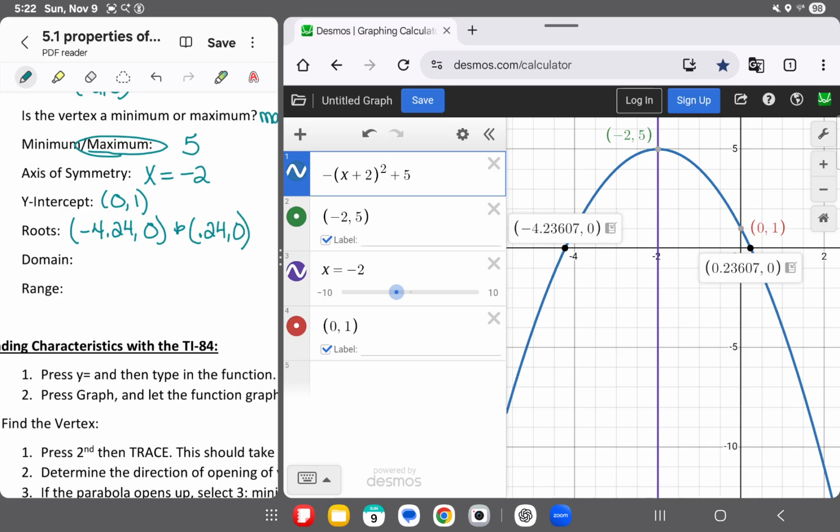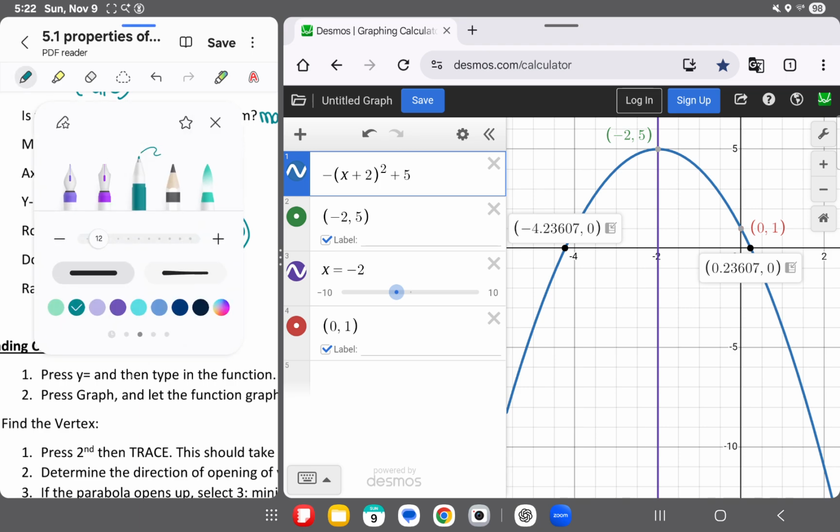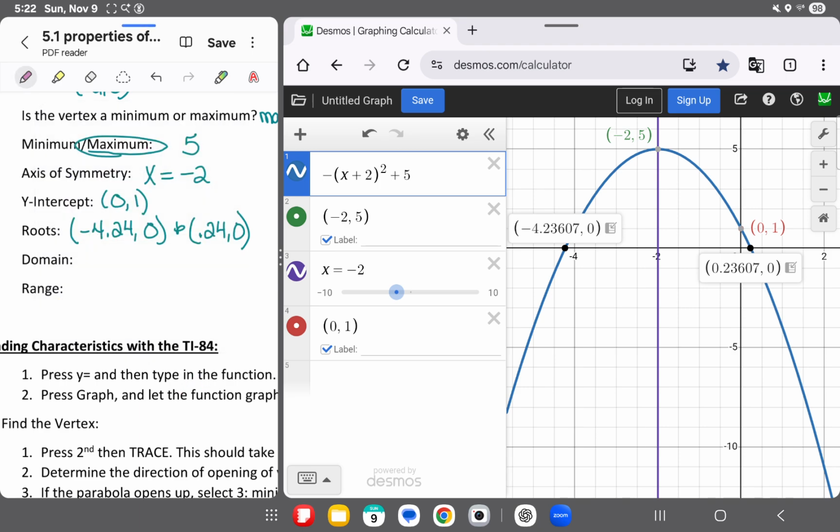So then our domain, I'm going to go ahead and do this one in algebraic notation. So we have a domain that is all real numbers because we can go forever to the left, forever to the right.